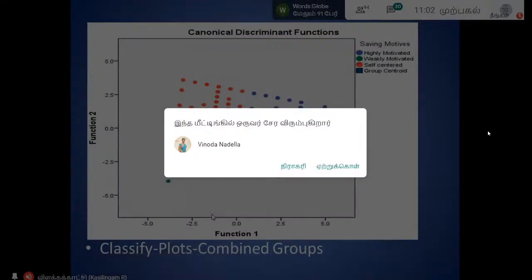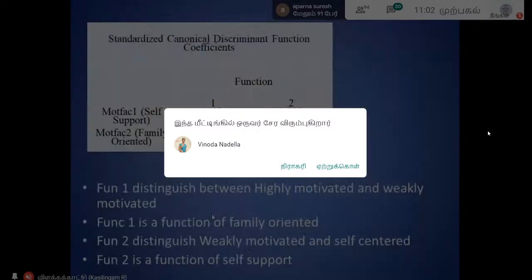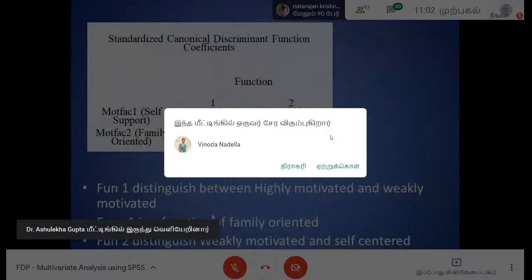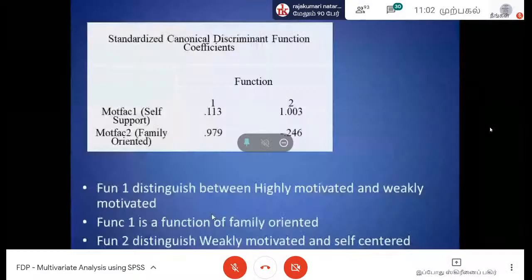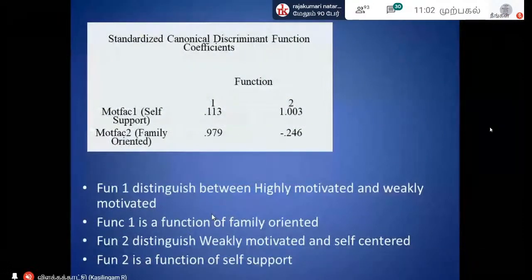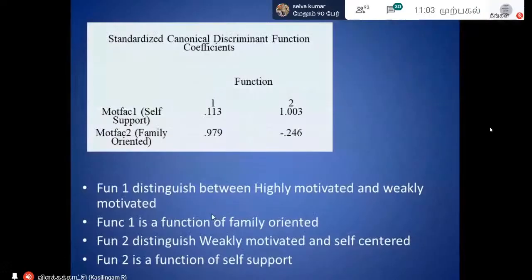Now, what are function 1 and function 2? We will try to understand. Before that, what is weakly motivated? What is highly motivated? We have two motives. Independent variable 1 is the self-support motive.